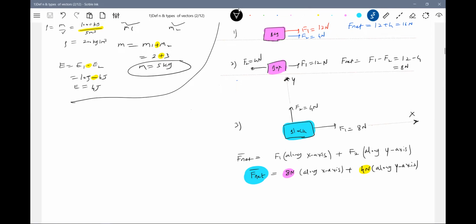So what does this 8 Newton indicate? Magnitude. What about this? It indicates direction.